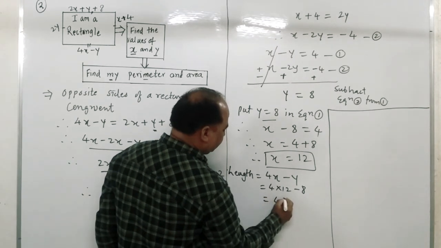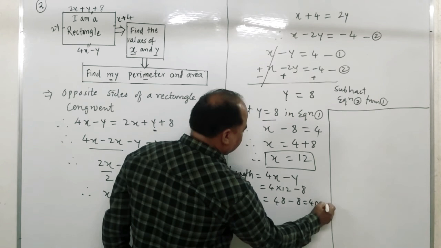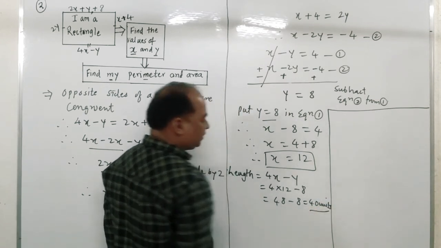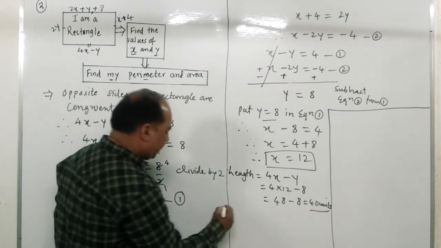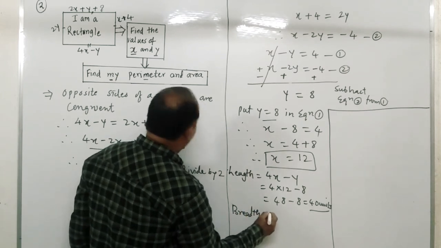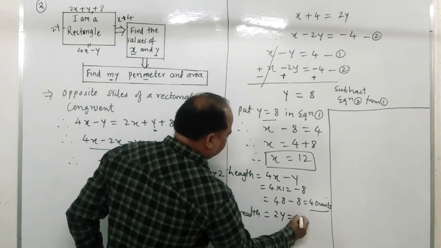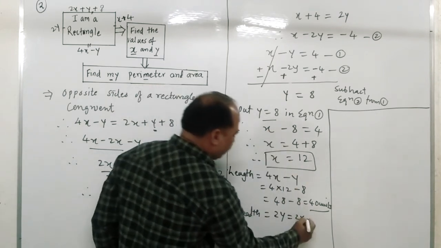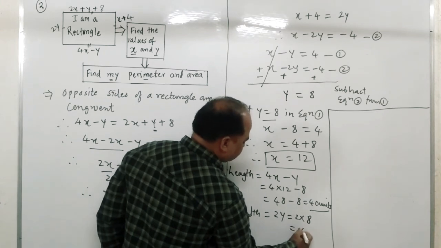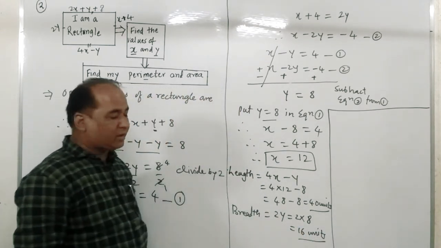So 4 12s are 48 minus 8, which is equal to 40 units, the length of the rectangle. And the breadth of the rectangle is 2y, that is 2 into y, which is 8, which is equal to 16 units, the breadth of the rectangle.